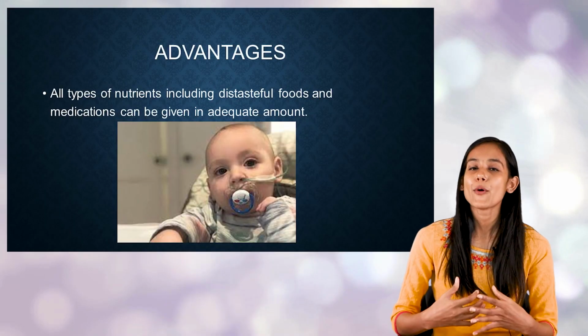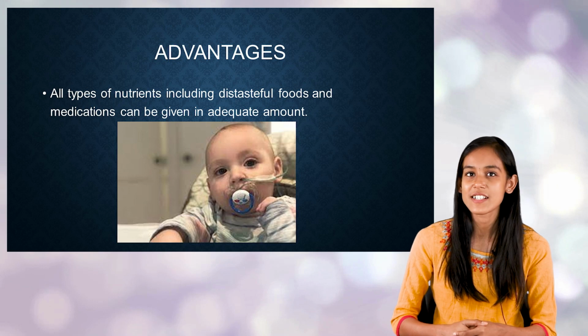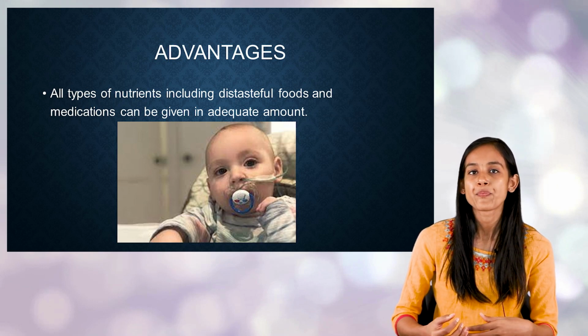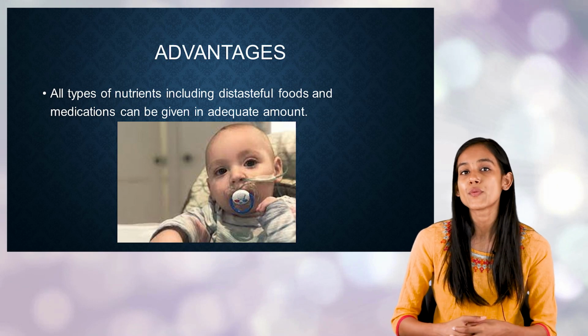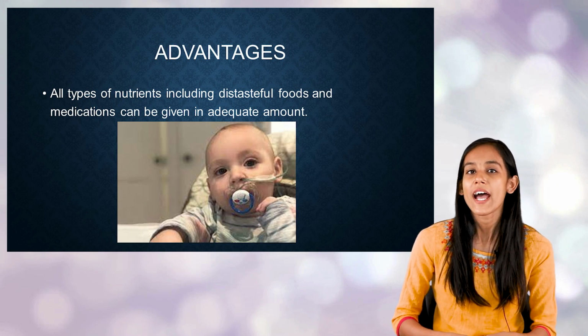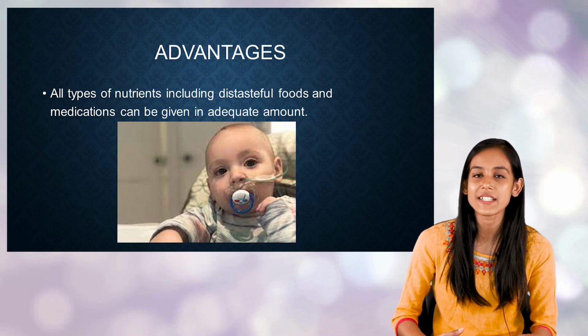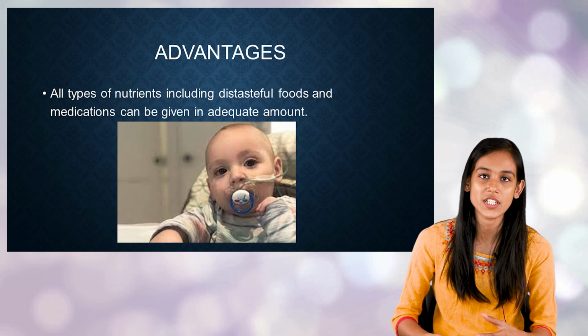Next, we should learn about the advantages of this artificial feeding or gavage feeding. One major advantage is that there are certain medications and foods which don't taste good, and it is very difficult to feed those to children.